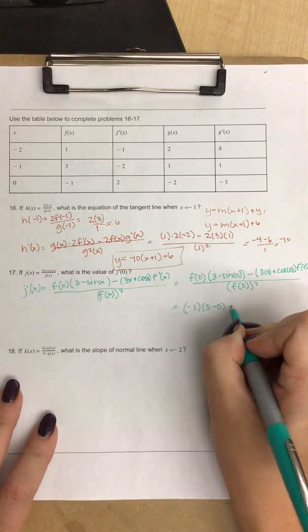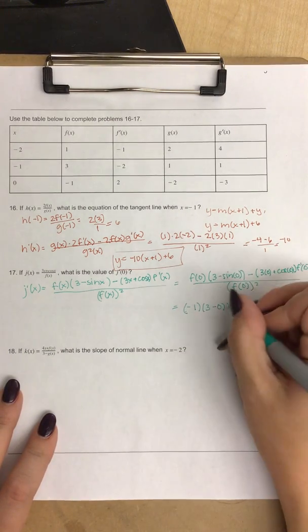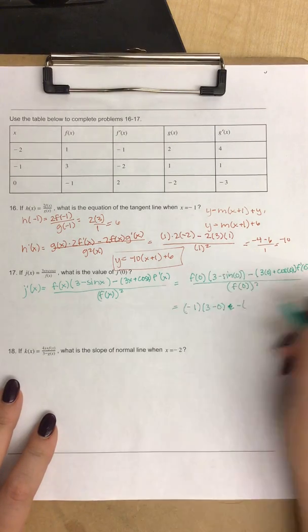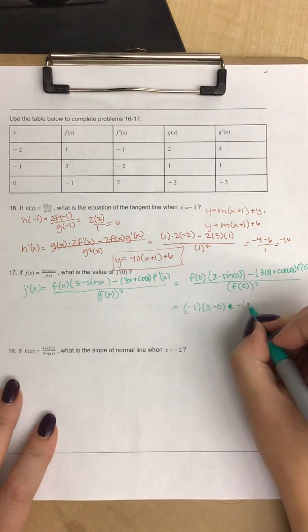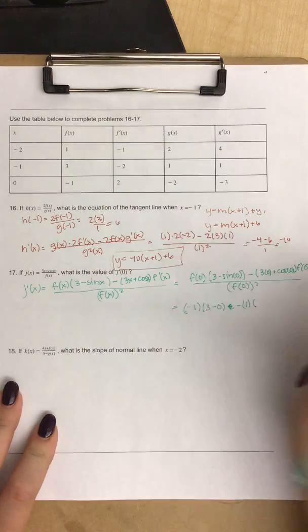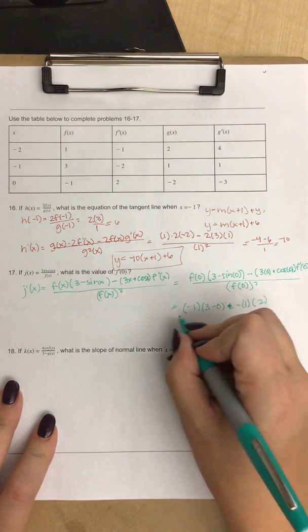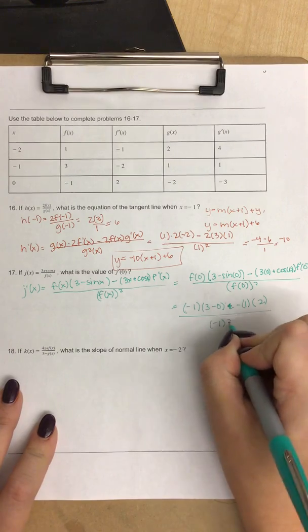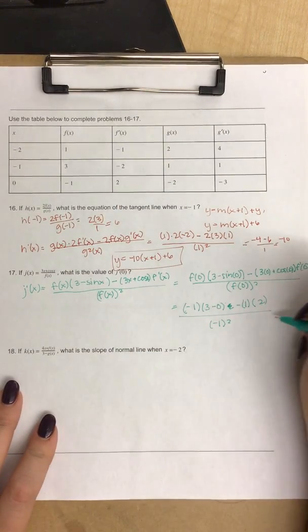Sine of 0 is 0. Oh, that's a minus. Okay, 3 times 0 is 0. Cosine of 0 is 1. And f prime of 0 is 2. All over f of 0, which we already said was -1, squared. So I get -3 minus 2 over 1, which is -5.